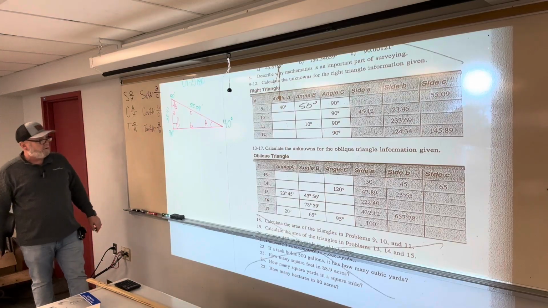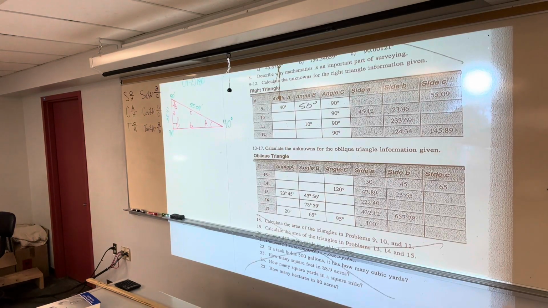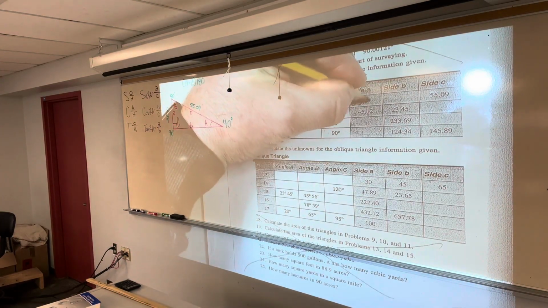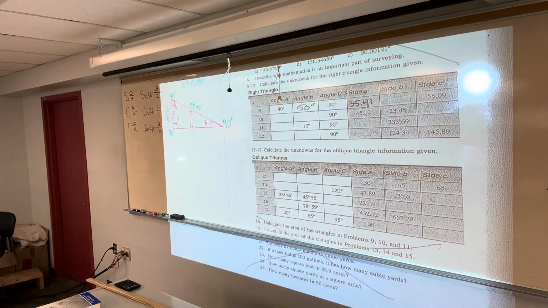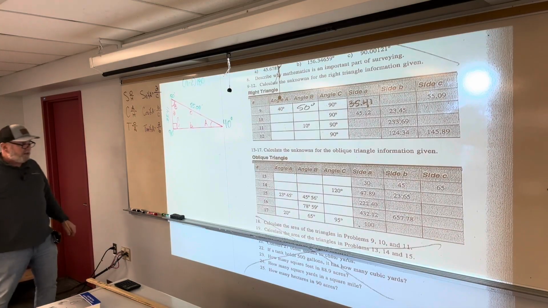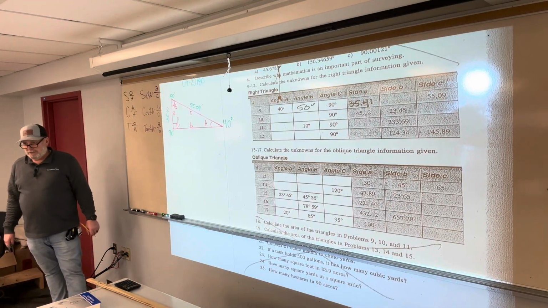Okay, we need to solve for side B now. We have two sides and all three angles. There's a couple different ways we can do this.